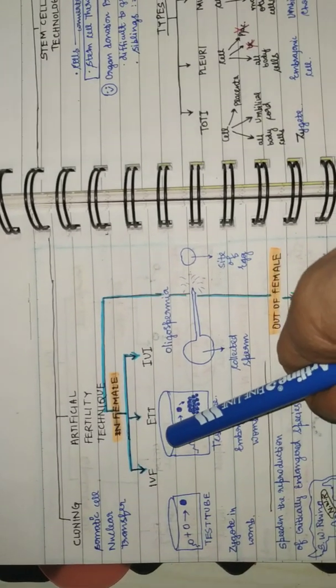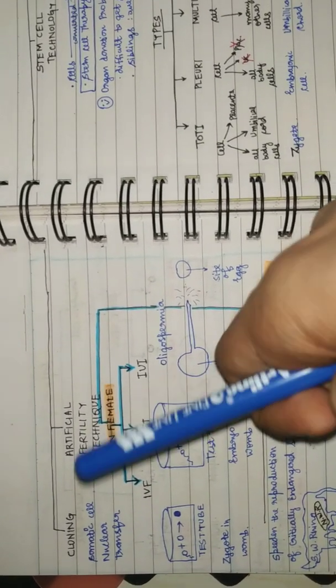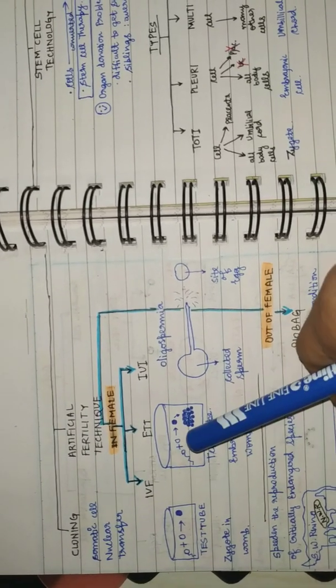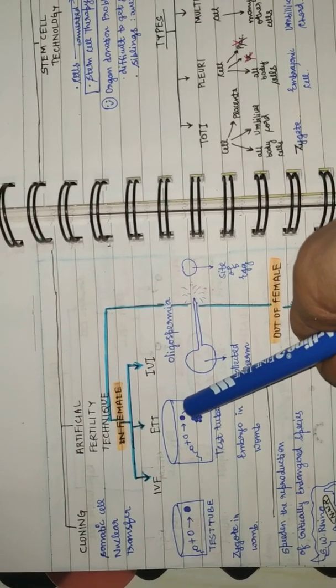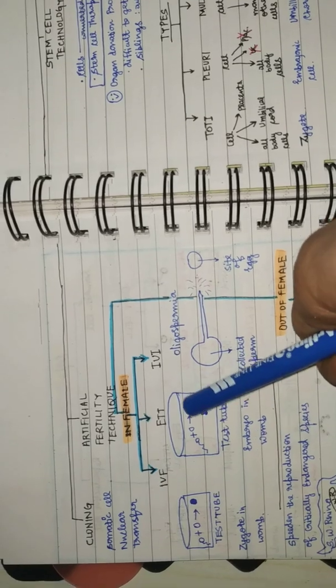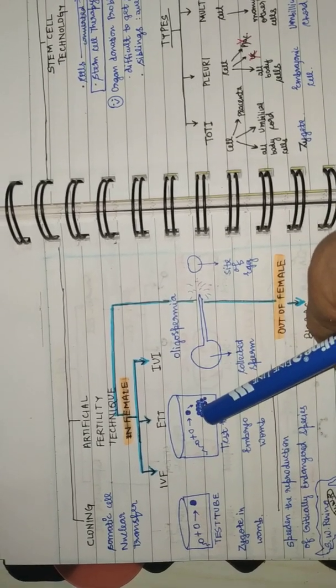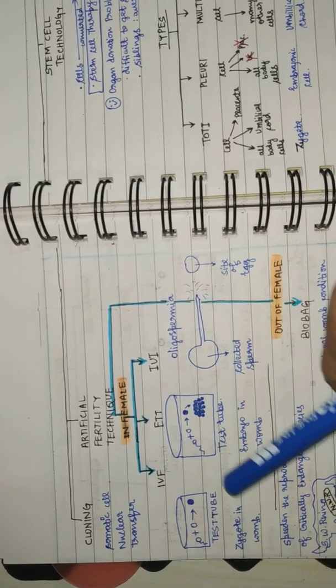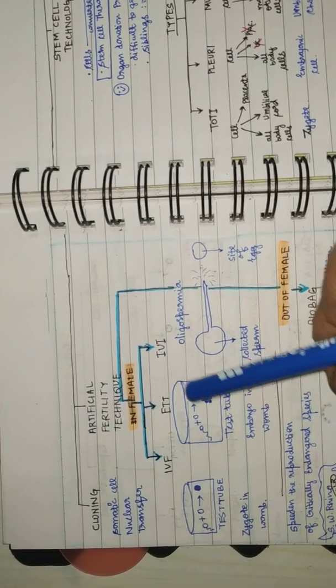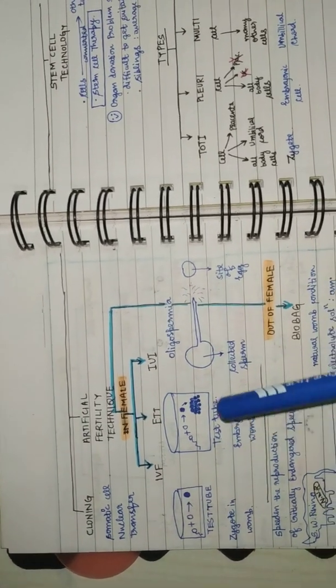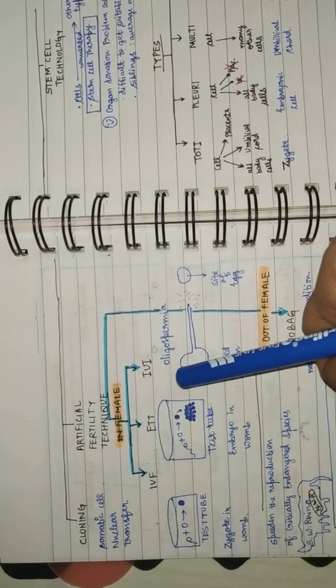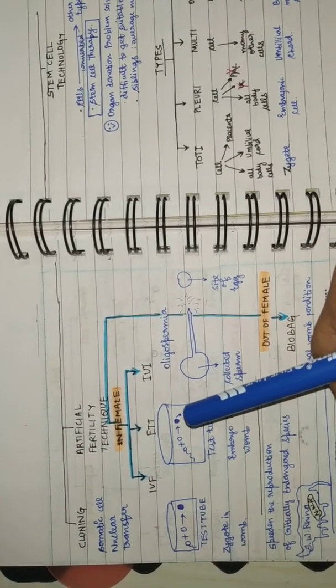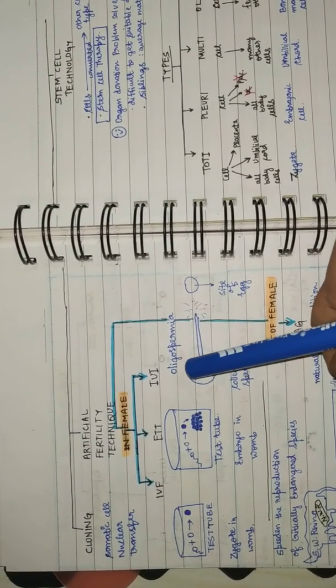Next, ETT, embryo transfer technique. It is the same technique as IVF, but the difference is that the zygote is not transferred; rather, the embryo, after it has multiplied, is transferred into the womb, so it has better chances of success. Next is IUI, intrauterine insemination.